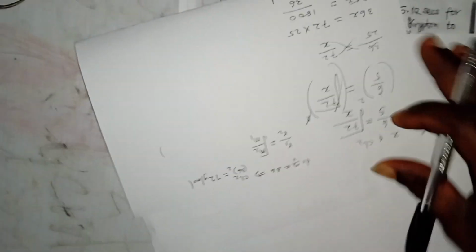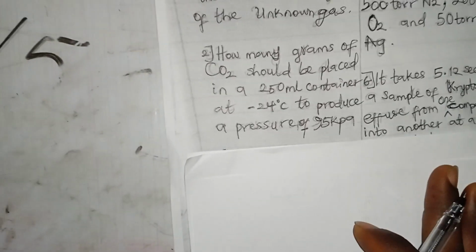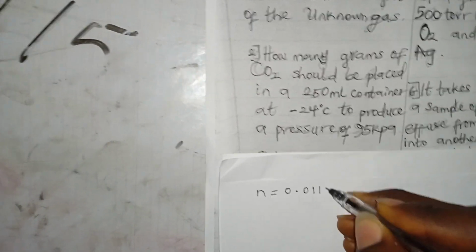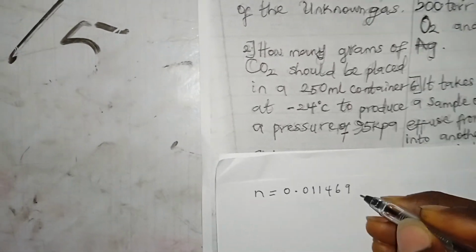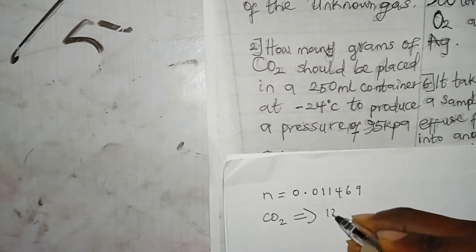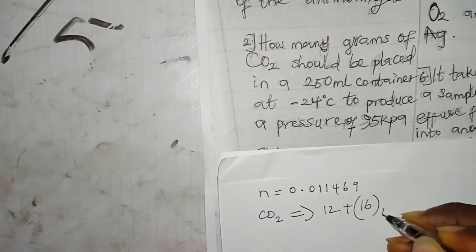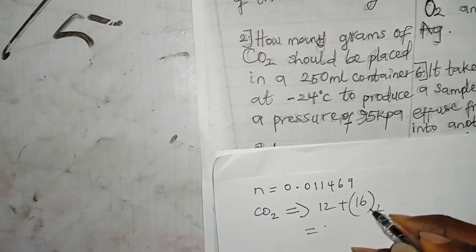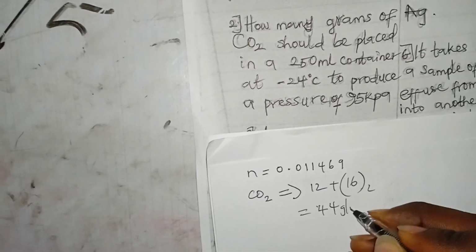So now that you have your mole, use what you have to get what you don't have. Remember the question is how many grams of CO2 should be placed in a 250 milliliter container. So we have mole to be equal to 0.011469, and the molar mass of CO2 is 12 plus 16 times 2, which is 12 plus 32, which is 44 gram per mole.